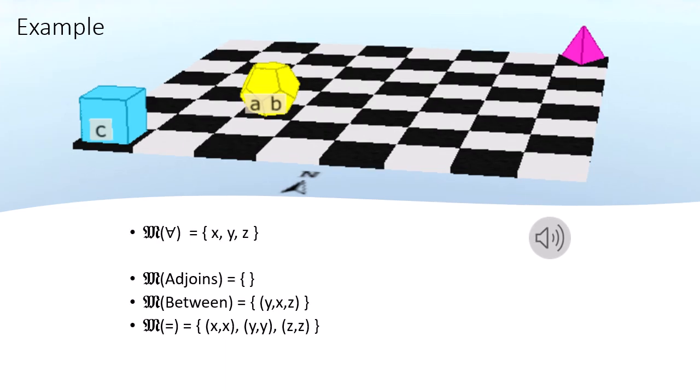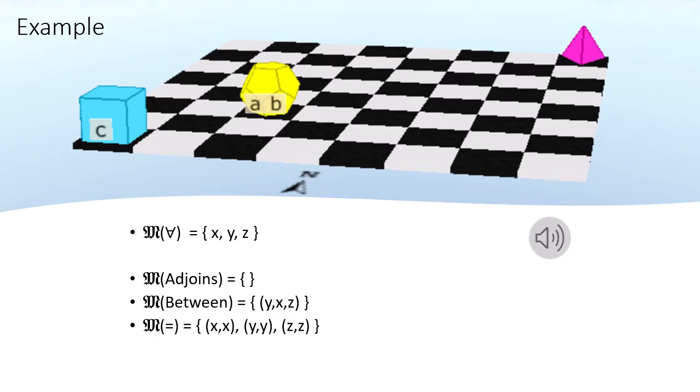The three remaining predicates are the adjoins, between, and the identity predicate. Here, since none of the blocks are next to one another, the first order structure M applied to the adjoin predicate just gives back the empty set.